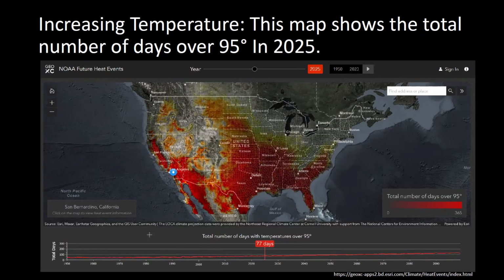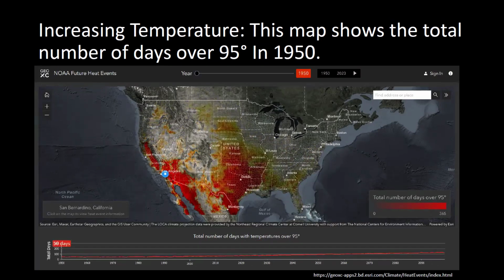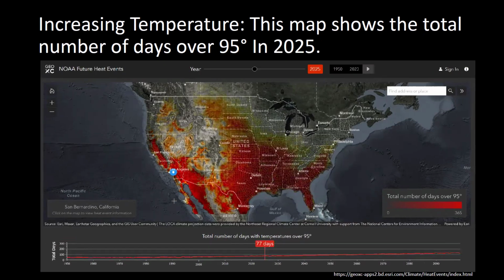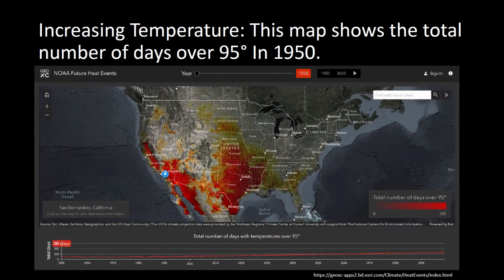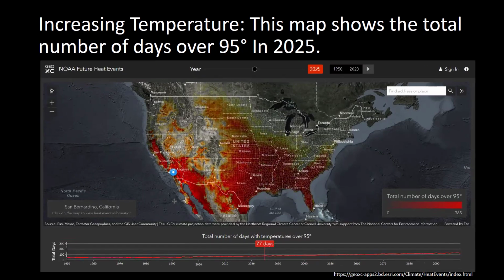We can see that this map here shows the number of days over 95 degrees in 2025. And you can see there's a big increase from 1950 to 2025. So we have a much larger section of the US that's dealing with a lot of heat.